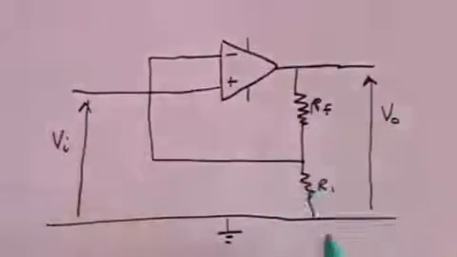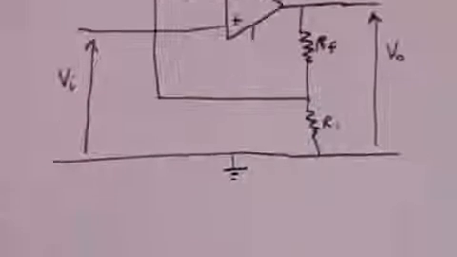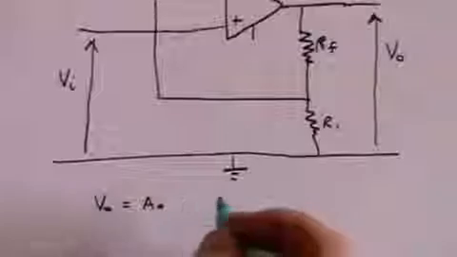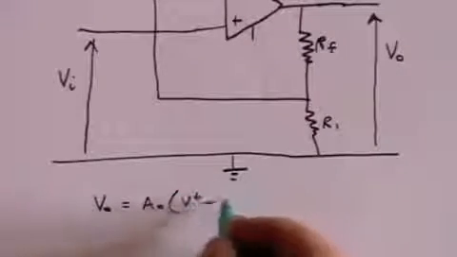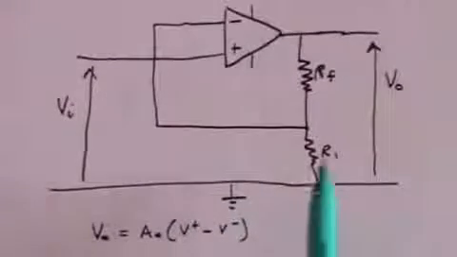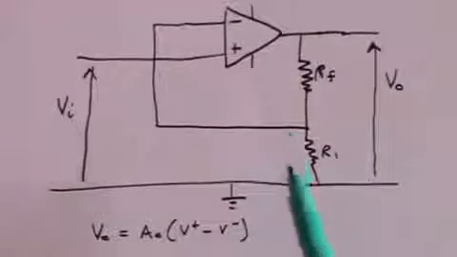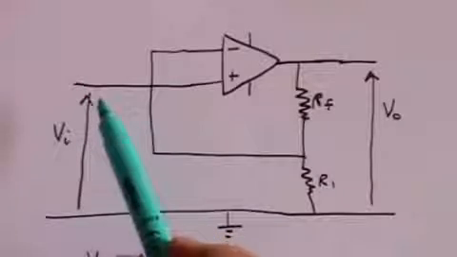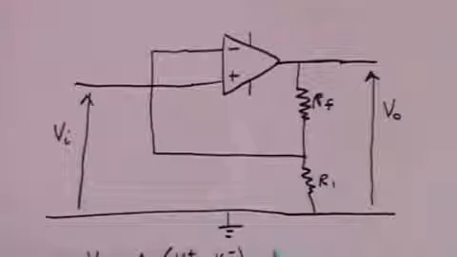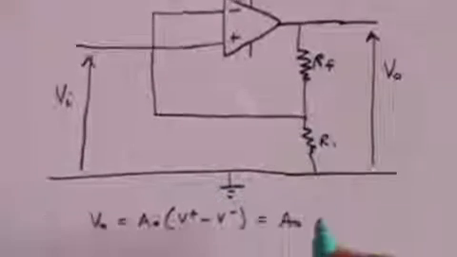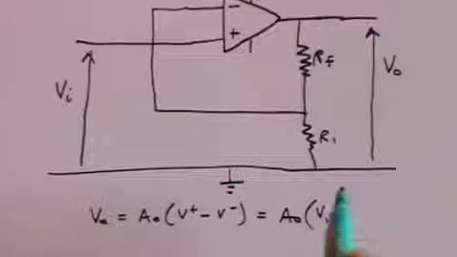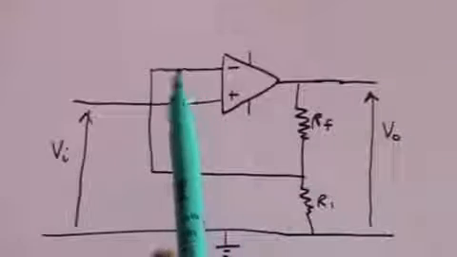V out. And then we know that V out is equal to the amplifier gain times V plus minus V minus. But what is V plus? V plus is simply V in. So that equals A naught into V plus, which is V in, minus V minus. What is V minus?